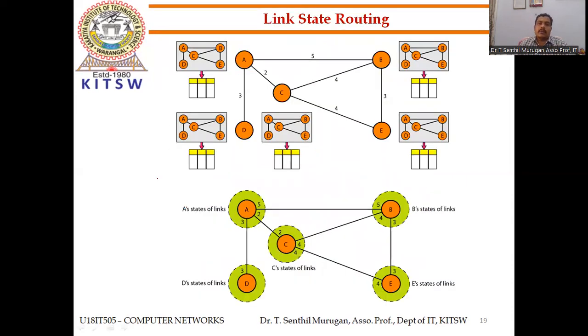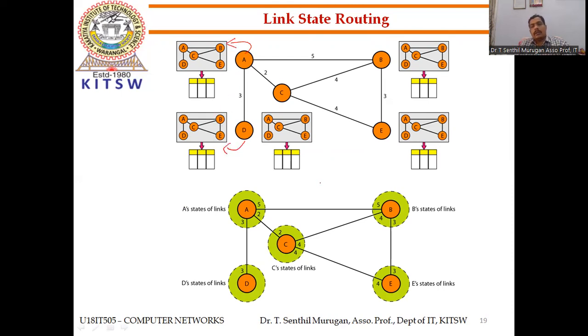Next one is the link state routing protocol. What is the difference between distance vector and link state? In the distance vector routing protocol, each node will maintain the routing table. The table has the information about all other nodes, how to reach them with minimum cost. But in the link state routing protocol, each and every node will maintain the entire network structure. So here node A is maintaining that structure.